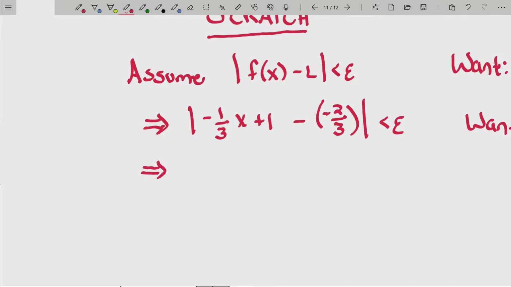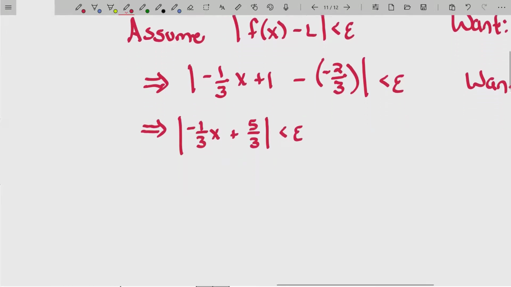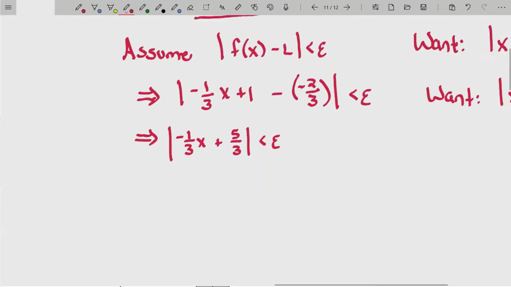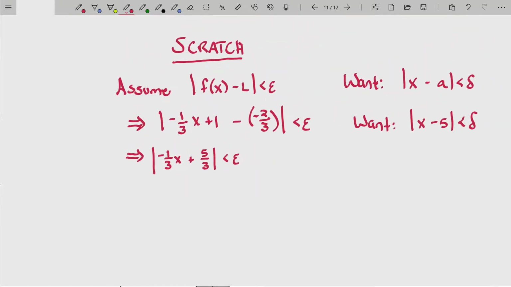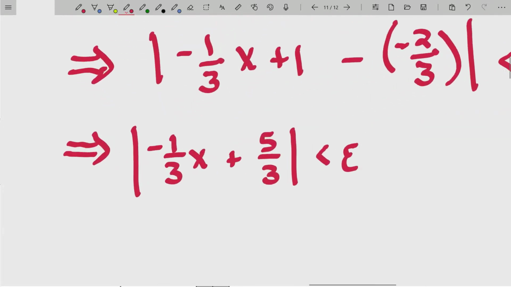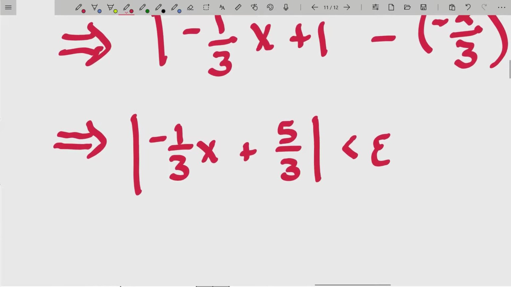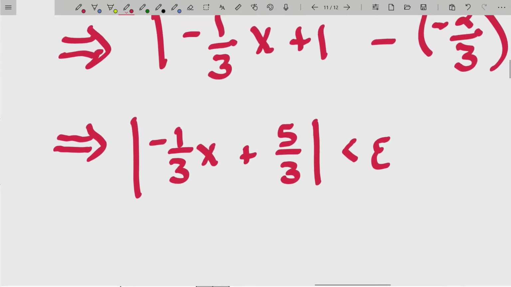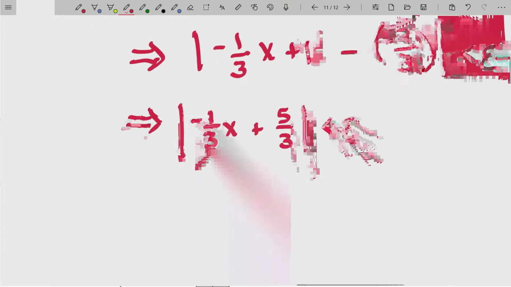This will imply we have a little arithmetic. Negative 1/3 x plus 1 plus 2/3, so that's plus 5/3, and we know that's less than epsilon. If you look at where you want to arrive, the absolute value of x minus 5, I know that I can factor something off those two terms within the absolute value to get an x minus 5.